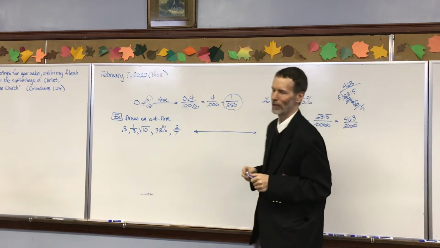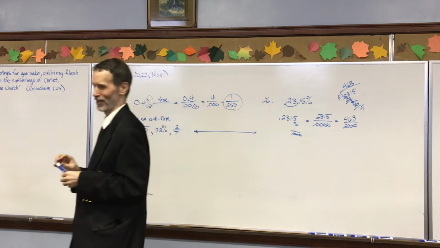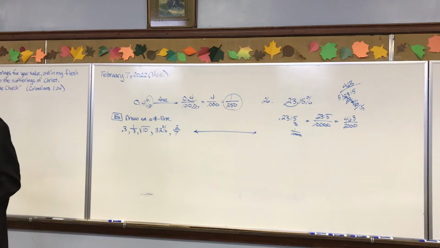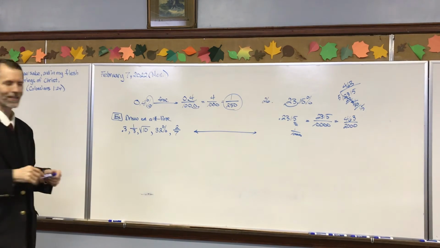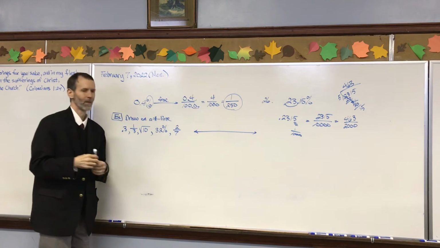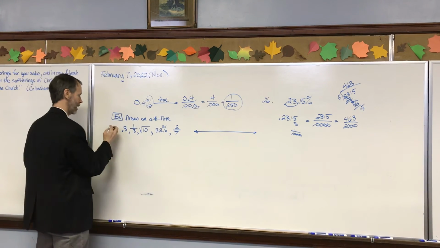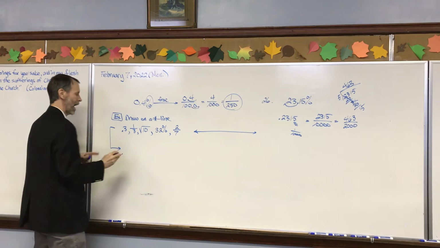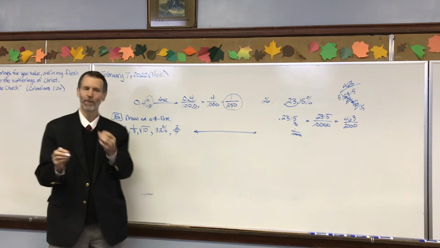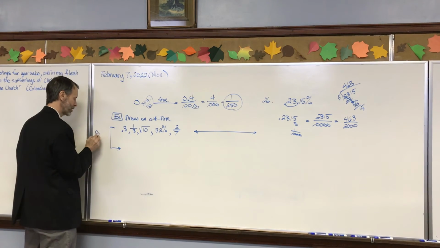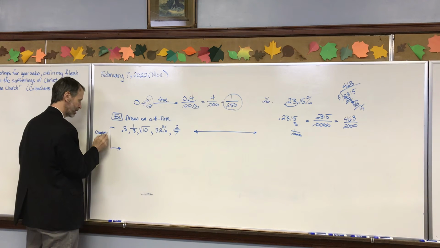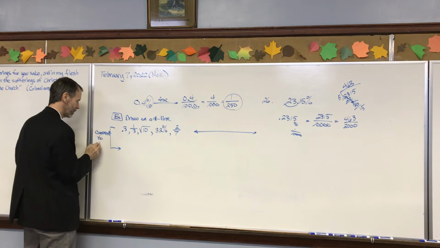This, not only will I allow a calculator, I encourage it. There is a way to do this without a calculator, it's a little more challenging. But how do you tell which one's bigger and which one's smaller? You have to convert them all to the same form.